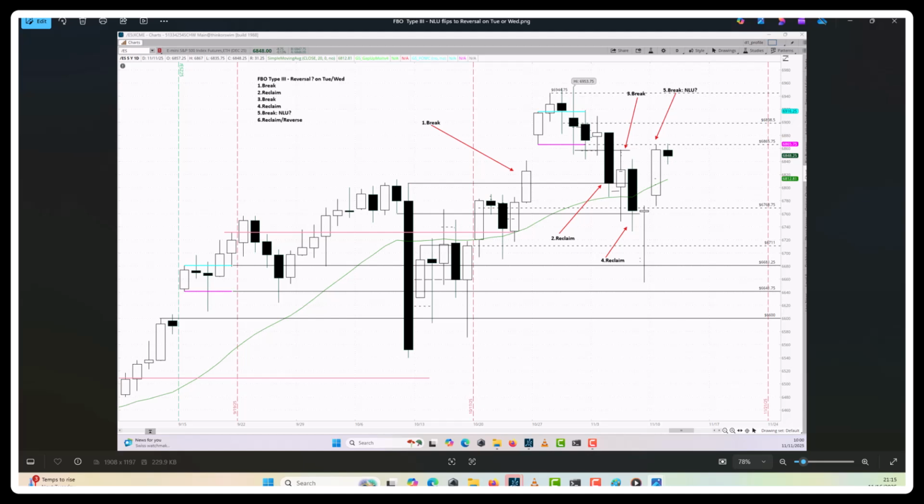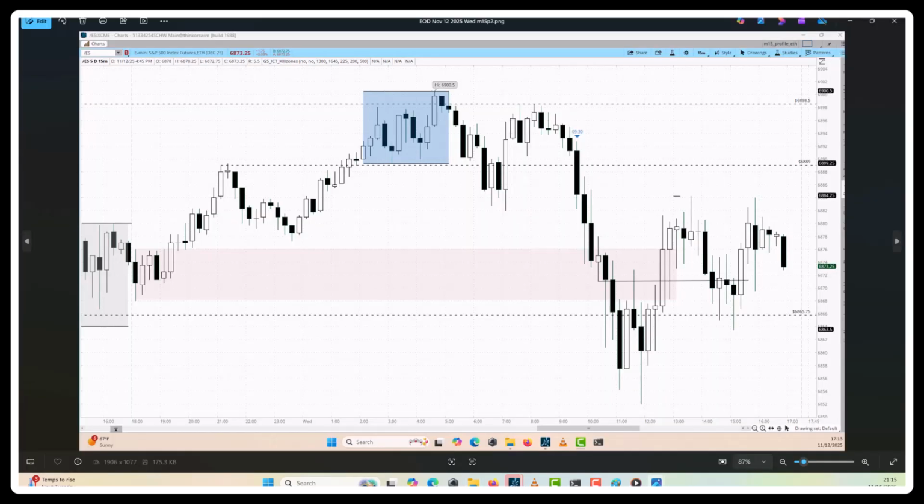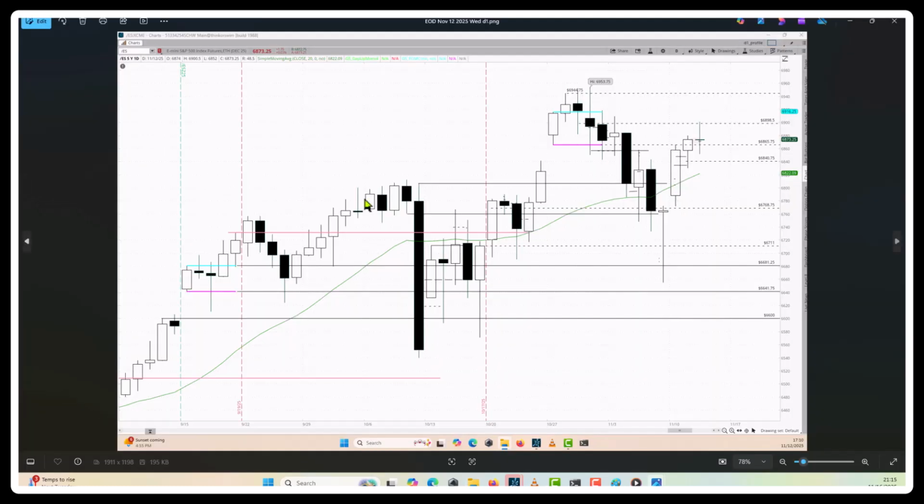Then let's see, we resist on Wednesday, right? On Wednesday, it looked like a neck leg up. Then let's see at the end of Wednesday, what do we see? Okay, right here, the end of Wednesday is still nothing.